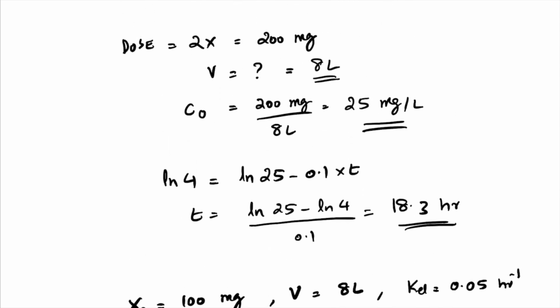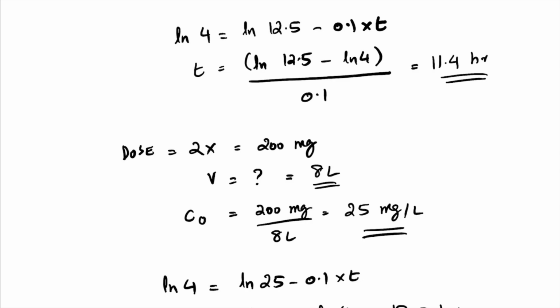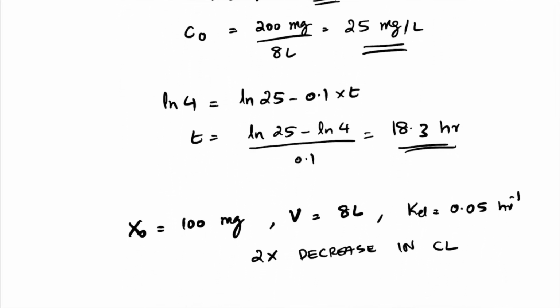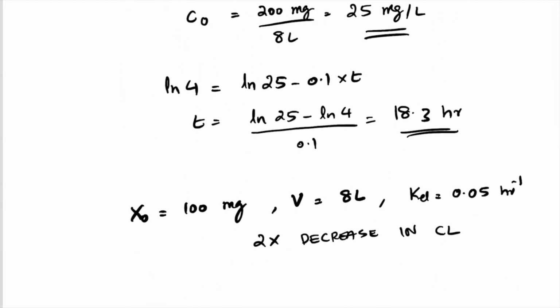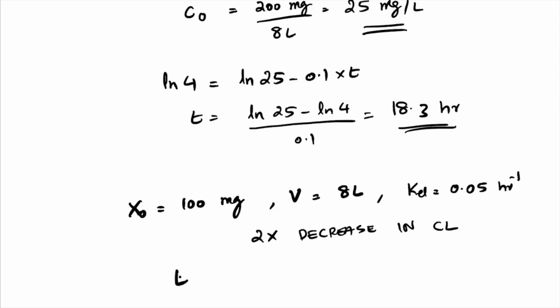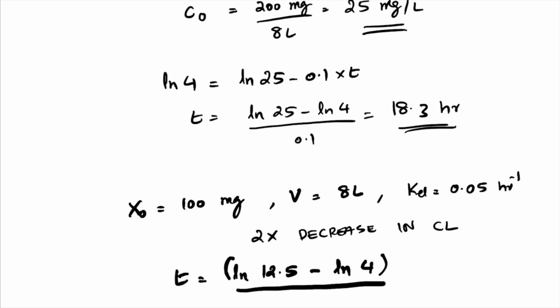Everything else remains the same from that first problem, except for that. We're still solving for t: natural log of 12.5 minus natural log of 4, the whole thing divided by, instead of 0.1, 0.05.